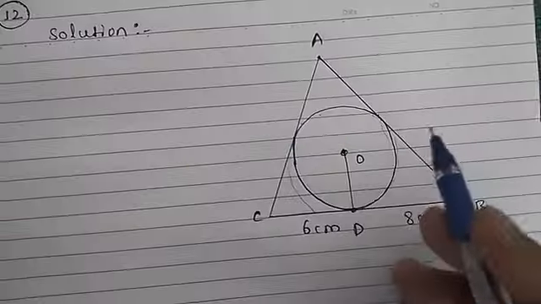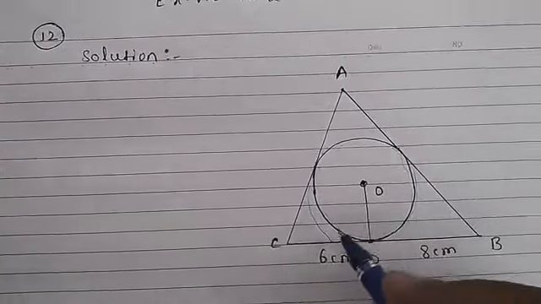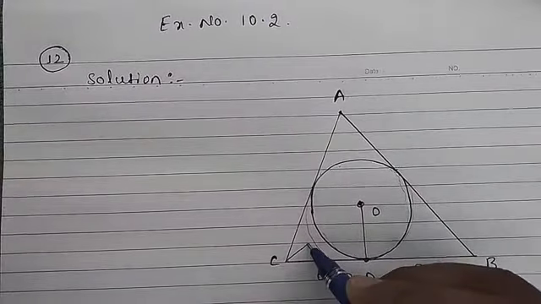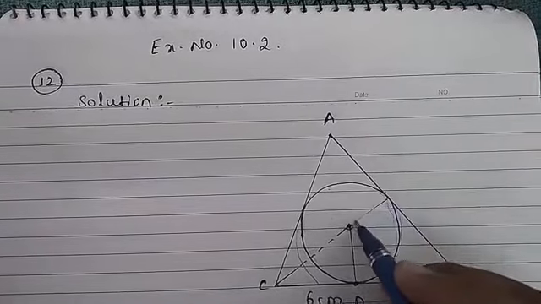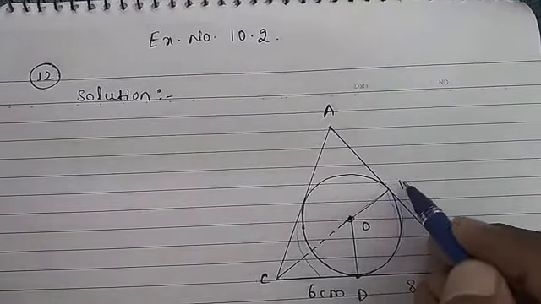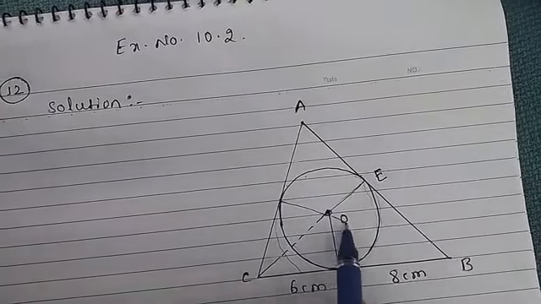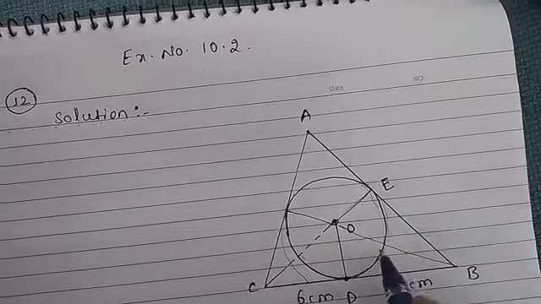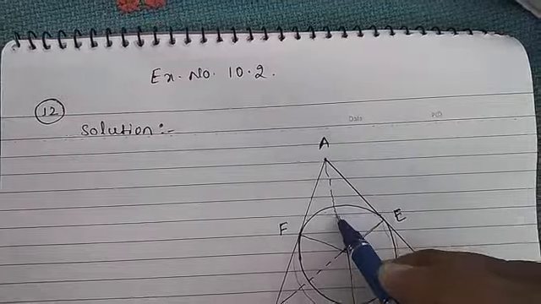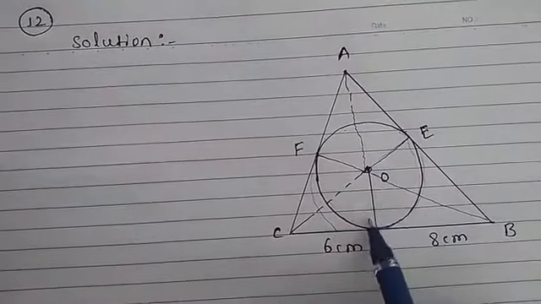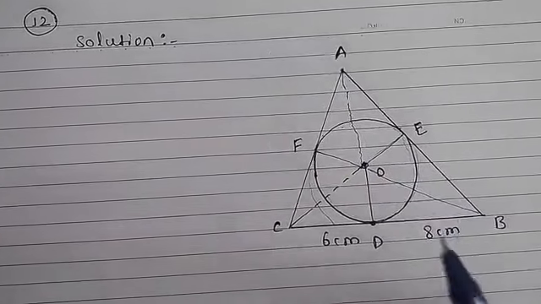See children, in the given figure, you have to join OC, and this is E, and similarly from this point, this is F, and from A to D. You have to join all these, because then you can easily find which are the tangents of the circle.